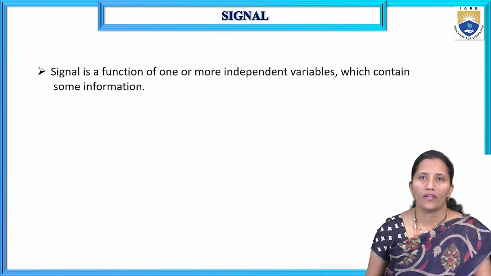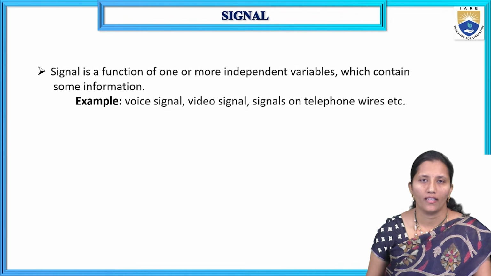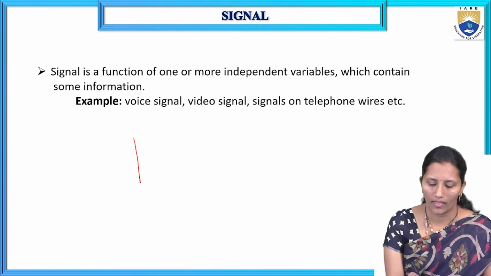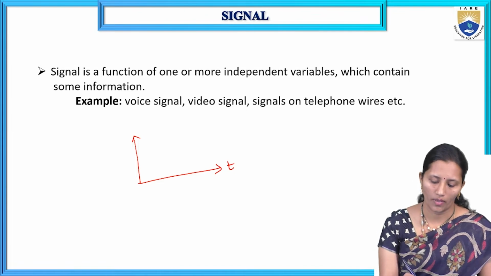A signal is a function of one or more independent variables which contain some information. For example, voice signal, video signal, speech signal, image signal or any telephone signal come under the signal. Here, a signal is any physical quantity which varies with respect to time.